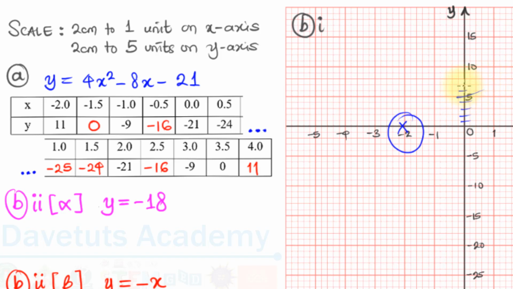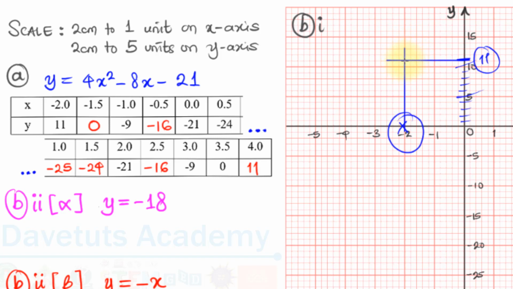So I have 6, 7, 8, 9, 10, and then 11 will be immediately after that. So here, this is 11, and it is the point of intersection of 11 going towards the left hand side, and minus 2 going towards the uppermost part.